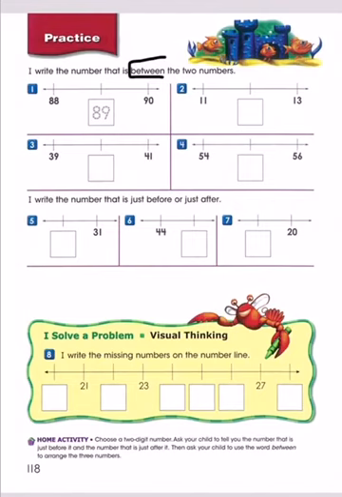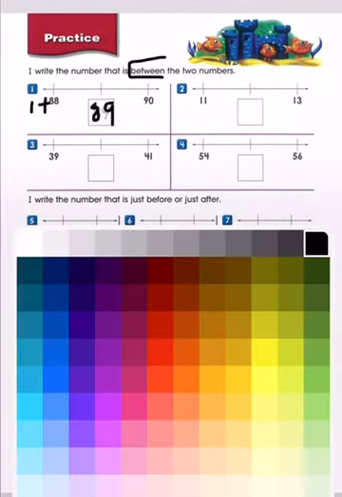Of course, we can add 1 number to this 88 to understand more. 88 plus 1 is equal to 89. Okay, so 89 is between 88 and 90.